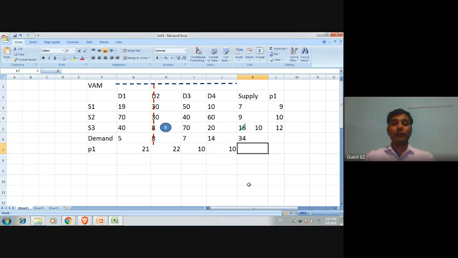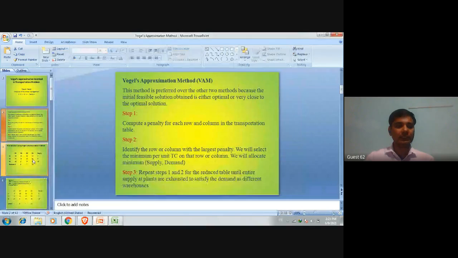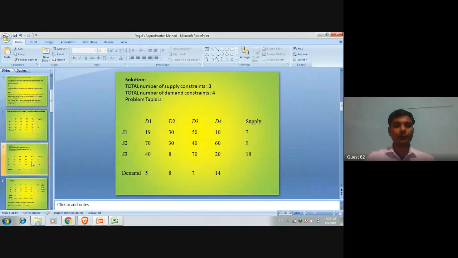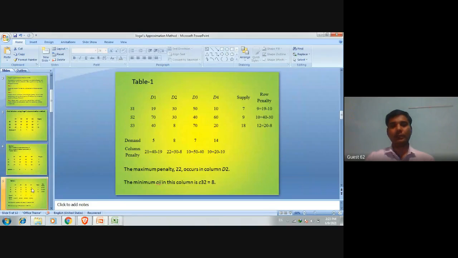Now again see, after giving the 8 units to D2, plant S3 is left with 10 units. We will again check the penalty P2. I have shown this process in the PPT also. Let's double check. Here row penalties are 9, 10, 12.